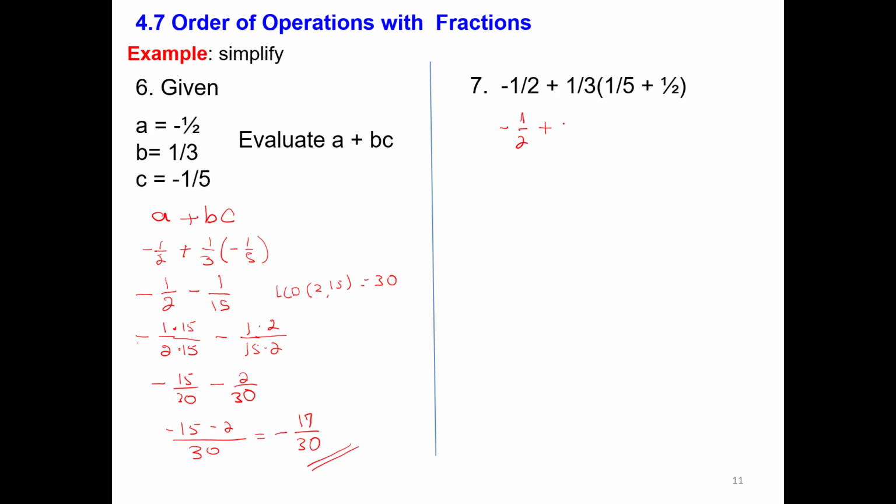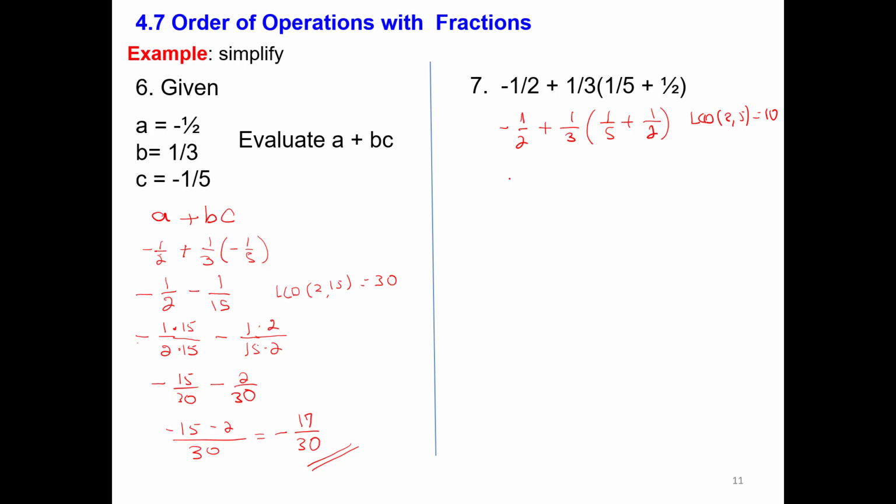Let me write this one again. First we solve this part. We have different denominators, and in order to add these two fractions, we need a common denominator. To do that, we find the LCD of 2 and 5, which is 10.